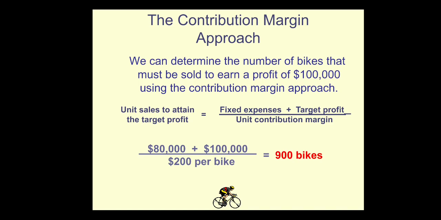So 900 times $500, I think the number is $450,000. The business has to make $450,000 of sales if the business wants to achieve the target profit of $100,000.